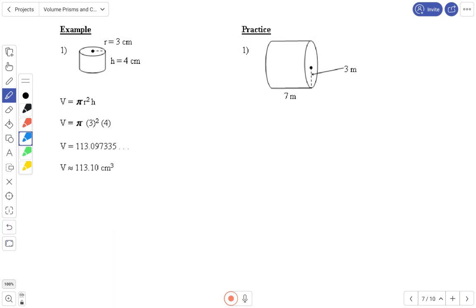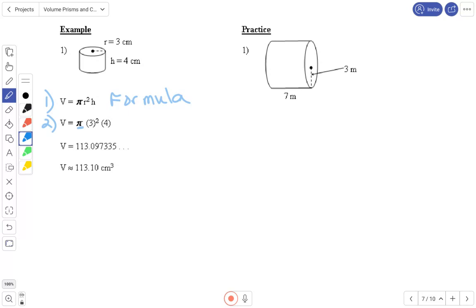Okay, first example. So I have a cylinder. Just like our prisms, the first thing that we're going to do is write the formula. And the formula for our cylinder is pi r squared h. Then I'm going to plug in what I know. So pi, again, I'm going to leave this as the symbol pi because I'm not ready to put this in the calculator yet.